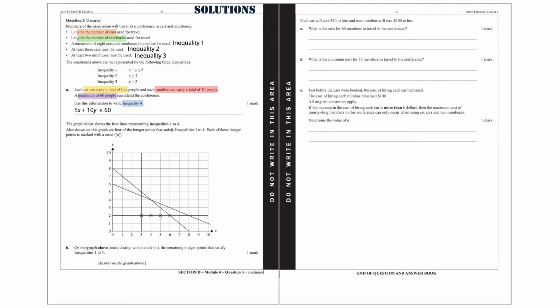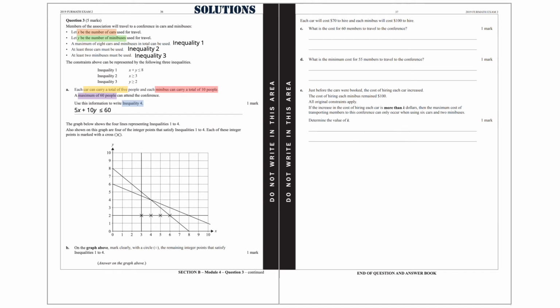The graph below shows the 4 lines representing inequalities 1 to 4. Also shown on this graph are 4 of the integer points that satisfy inequalities 1 to 4. Each of these integer points is marked with a cross.